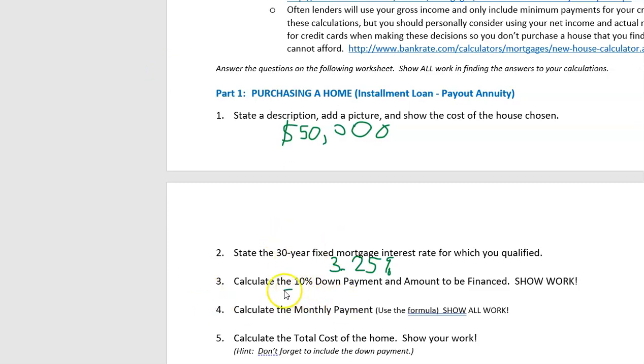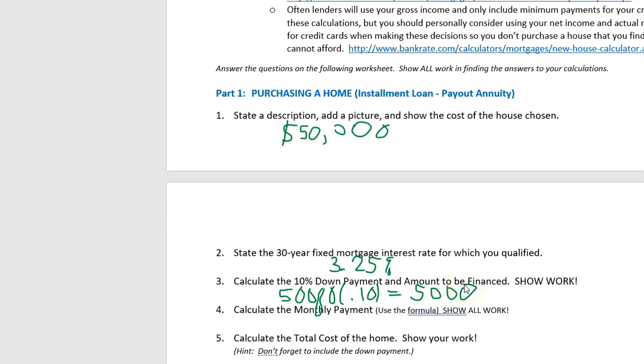That's just taking the amount that the house costs and multiplying it by 10% as a decimal. In this particular instance, it is $5,000. So our down payment is going to be $5,000.